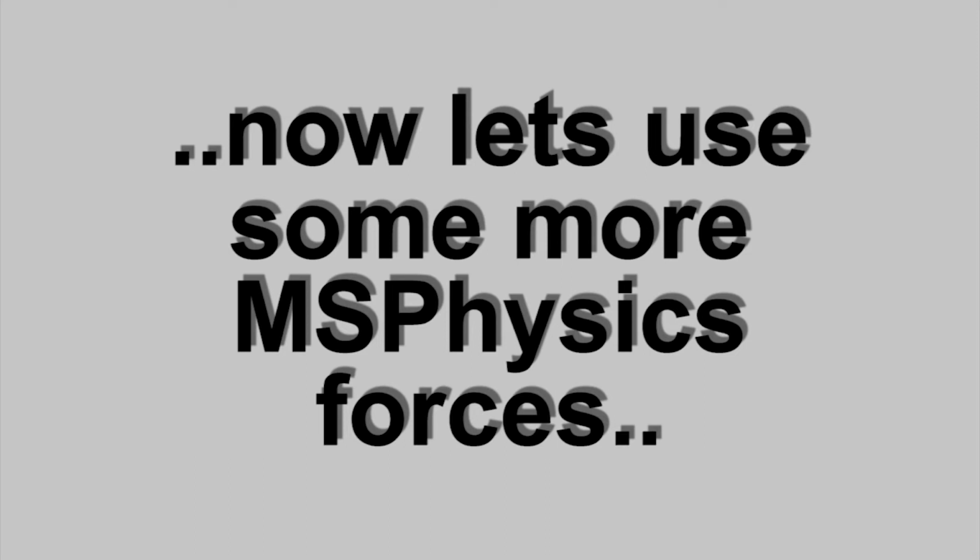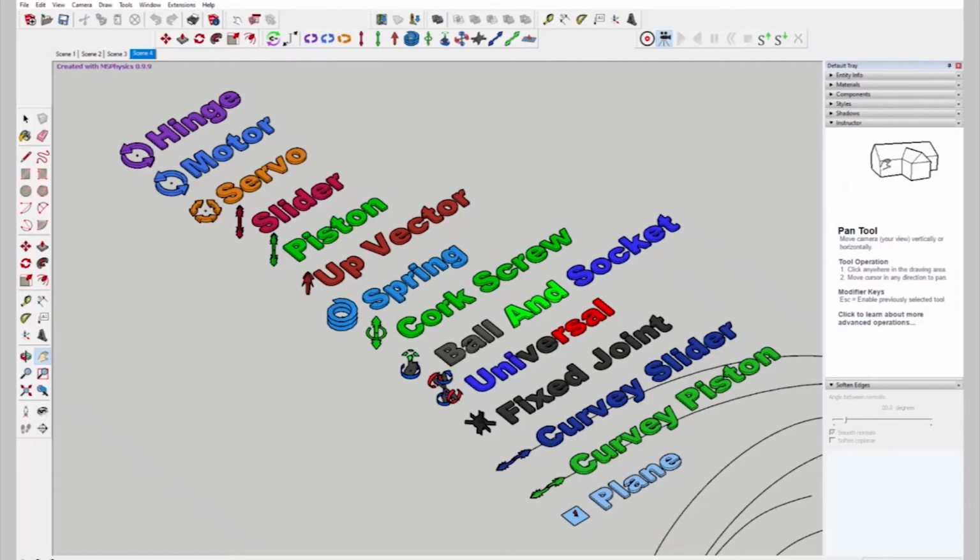Now, if we take a look at some of the forces that are available in MS Physics, there's just so many. And gravity is not the only thing out there. When objects fall and they collide against each other, there's something happening. That's mainly the most basic one of all, the gravity of objects falling down. But you also have the ability to make objects do something.